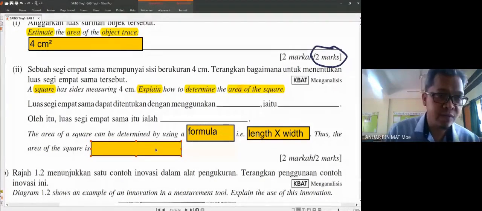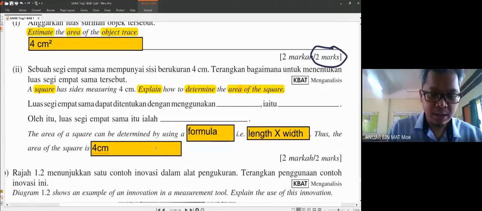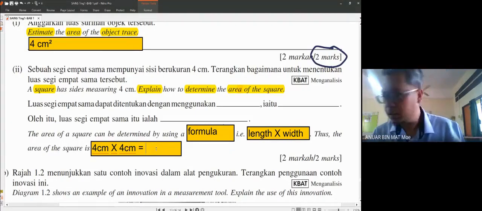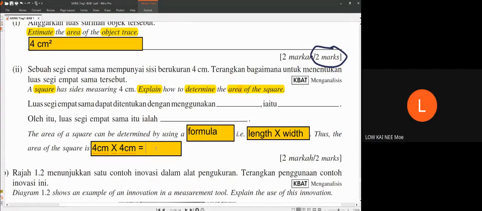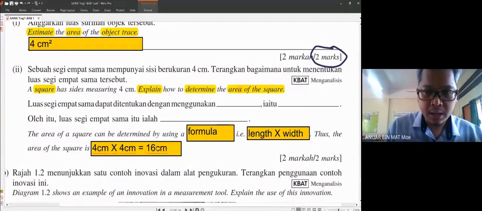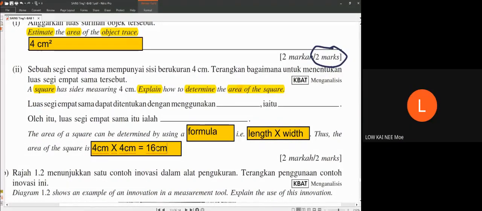Thus, the area of the square is 4 centimeter times 4 centimeter equal to 16 centimeter square.